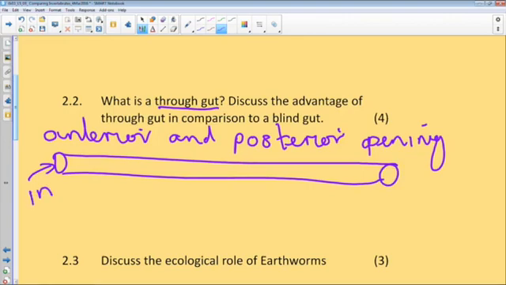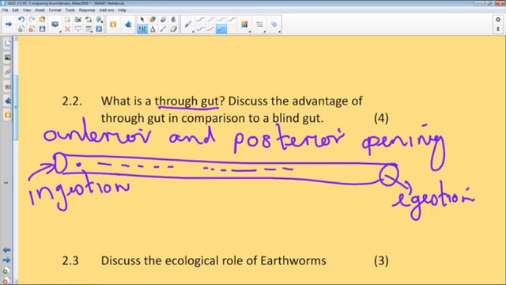So we have the ingestion of food and we have the egestion of food. Essentially, here we have an anterior end where food enters and it travels through, it undergoes the process of digestion, and then whatever is undigested is removed from the body.